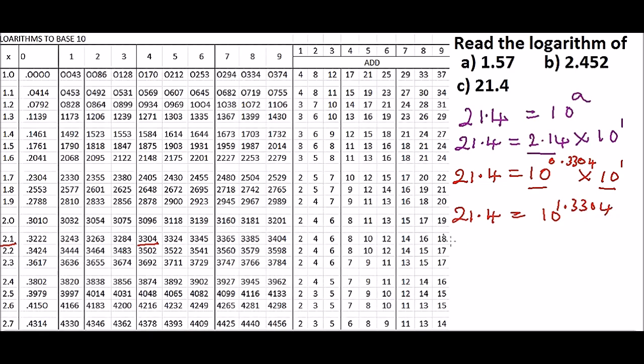Therefore we can now get the logarithm of our number 21.4. So we say the logarithm of 21.4 is equal to 1.3304. So I hope now you can get the logarithm of numbers, as I have shown you how to read the logarithm tables.